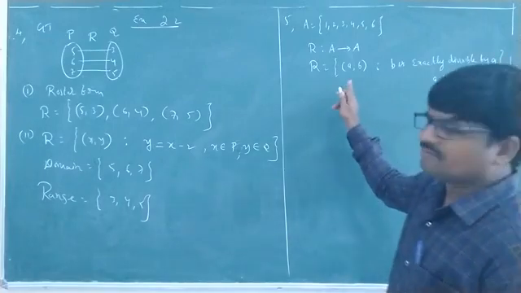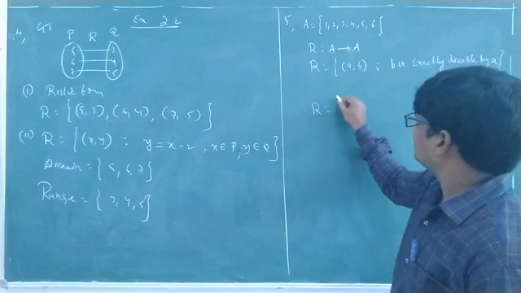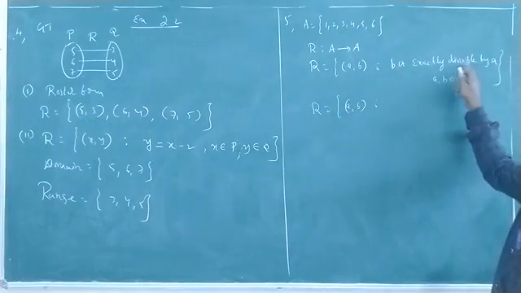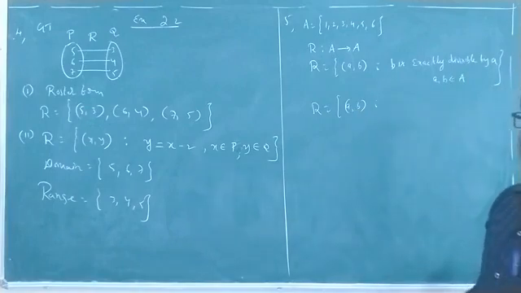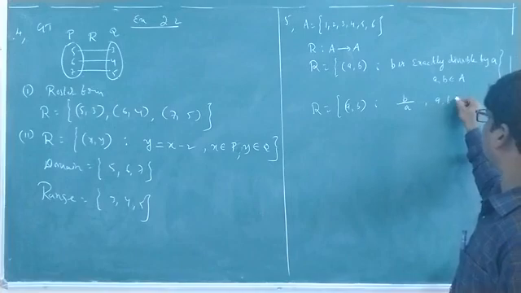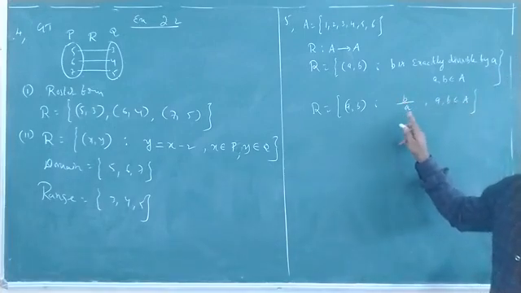I will rewrite this relation R for our convenience: R equals {(a, b) such that b is exactly divisible by a}, where a, b belong to A. b by a means b is exactly divisible by a.